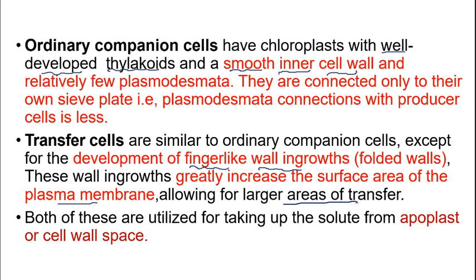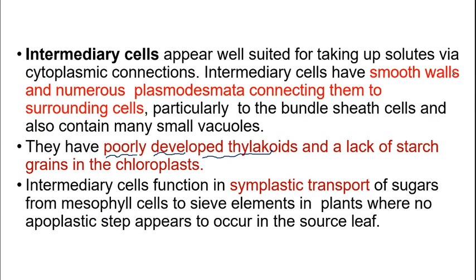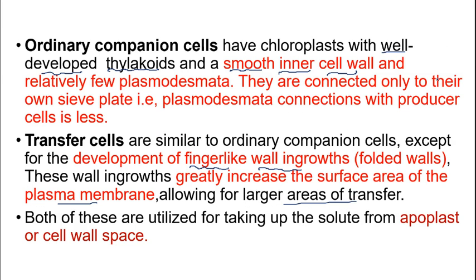Intermediary cells also have smooth cell walls. Please remember what we discussed. The first point we discussed was about the walls. We also discussed the thylakoid comparison in ordinary and intermediary cells.